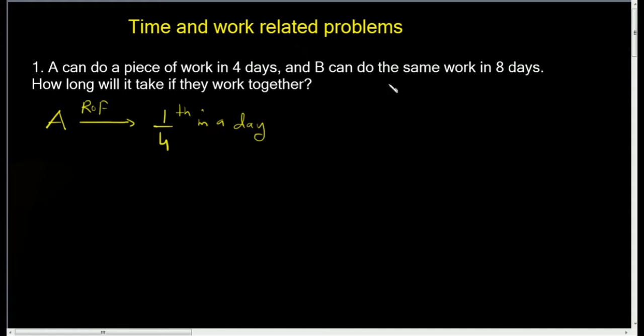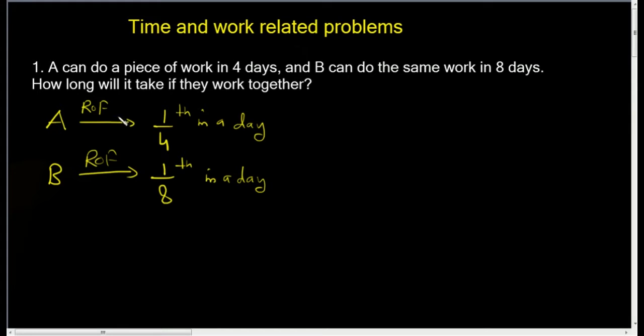Now we are also given that B can do the same work in 8 days. So if we apply ROF for B also, then we get that B finishes 1 by 8 of total work in a day, right? We want to know how long it will take if they work together.